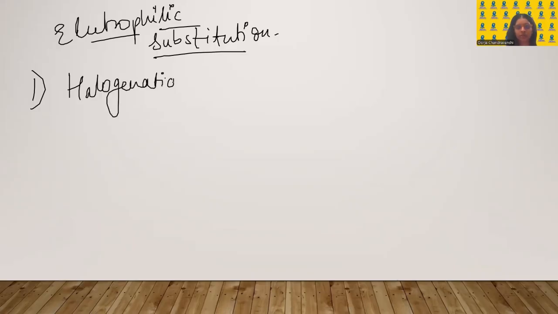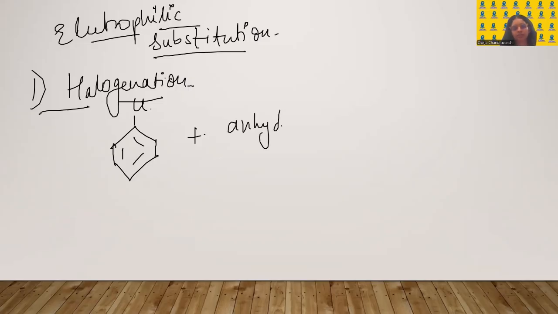So already in case of already a presence of halogen is there and one more halide will come. So what is the process? I take chlorobenzene and anhydrous FeCl3 along with. Now, what is FeCl3?